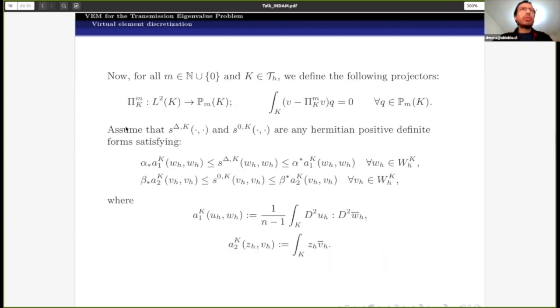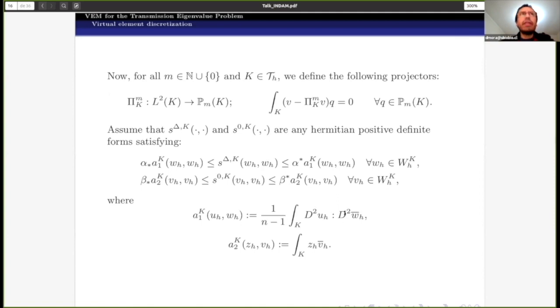We introduce now the polynomial projection, the L2 projection onto the polynomials of degree m in this case, and we assume that we have two local Hermitian positive definite bilinear forms, which scale like the sesquilinear form A in this case.